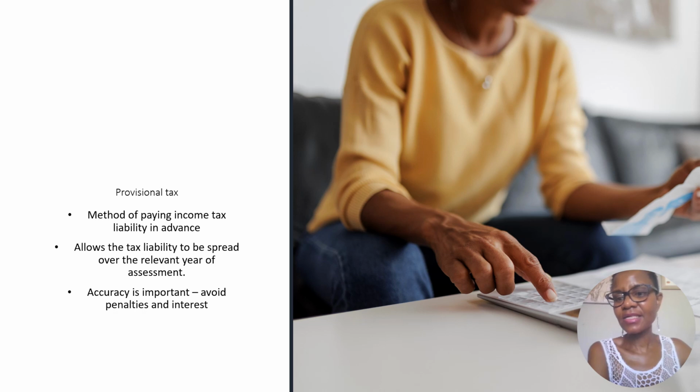Provisional taxpayers are individuals who receive income other than remuneration, or normally what we would call salaries. Now, most salary earners are not provisional taxpayers if they have no other sources of income. The South African Revenue Services, or SARS, requires provisional taxpayers to pay at least two amounts in advance during the year of assessment based on estimated taxable income.